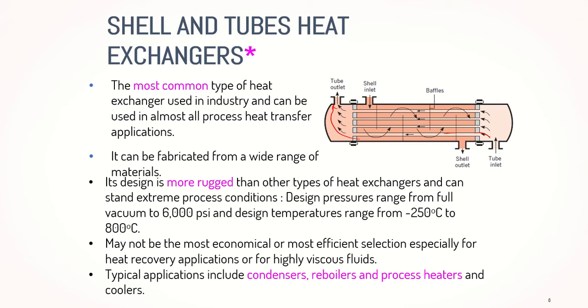Its design is more rugged than other types of heat exchanger and can stand extreme process conditions. So most of the time you're going to see shell and tubes in industry. The design pressure ranges from full vacuum to 6,000 psi, and design temperature ranges from negative 250 degrees Celsius to 800 degrees Celsius.